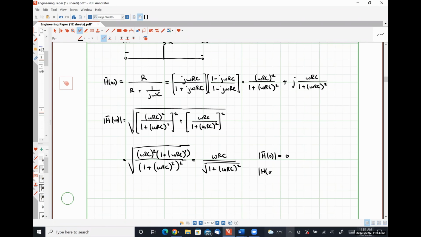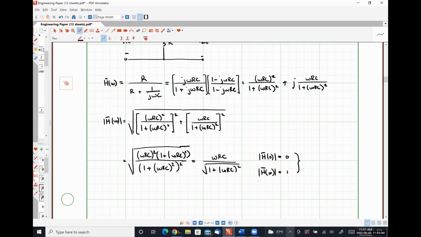If we evaluate it at infinity, we wind up getting infinity over infinity, which is 1. And so we have a circuit that attenuates low frequency signals and passes high frequency signals for a high pass filter.